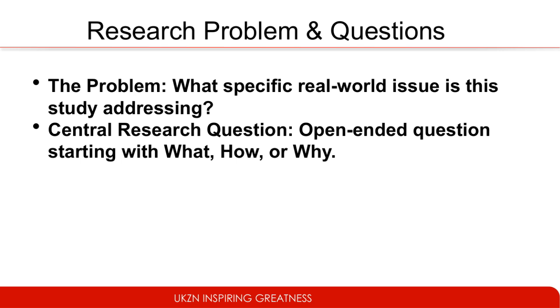Typically, it begins with words like what, how, or why, which encourages a deeper exploration rather than simple yes or no answers. This kind of question helps uncover detailed insights and allows the research to address the problem comprehensively. By clearly articulating both the problem and the central research question, we set a strong foundation that directs the course of our investigation and keeps our focus on generating meaningful outcomes.